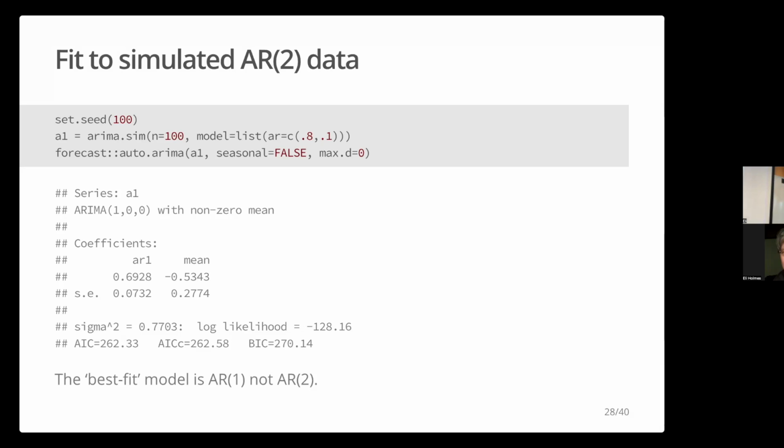And here's the model that I want you to simulate. I want you to give me 100 time steps. I'm not going to pass in moving average, so there's no autocorrelated noise. But I'm going to say the AR components are 0.8 and 0.1. So what is that model? Let me go right over here.